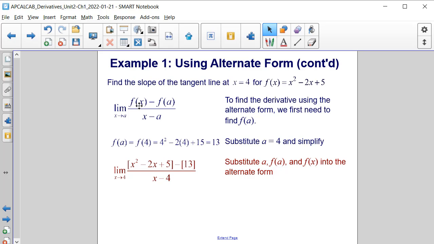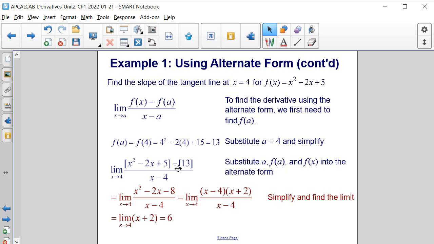And now we have f of x, we have f of a, or f of 4, all divided by x minus a, which is 4. So it's written as the limit as x approaches 4 of x squared minus 2x plus 5 minus 13 that we found in the previous step, all divided by x minus 4.